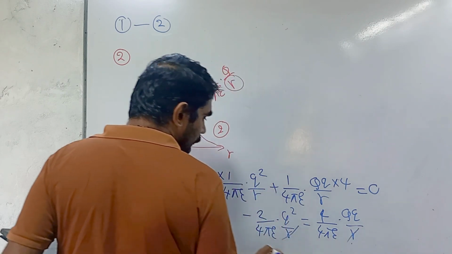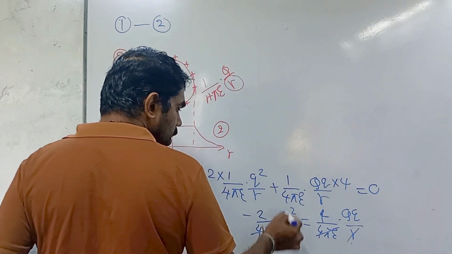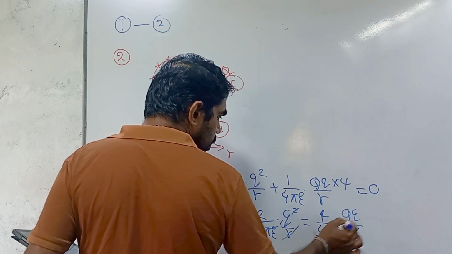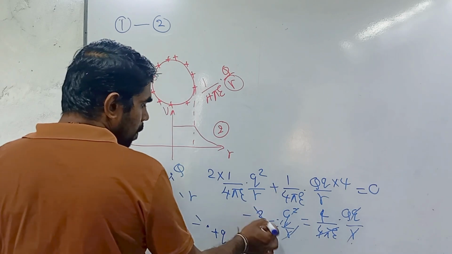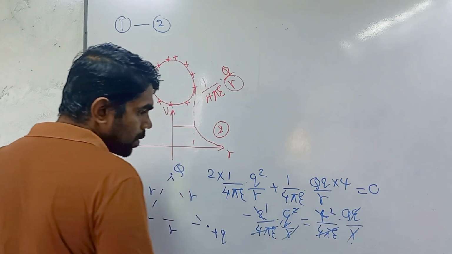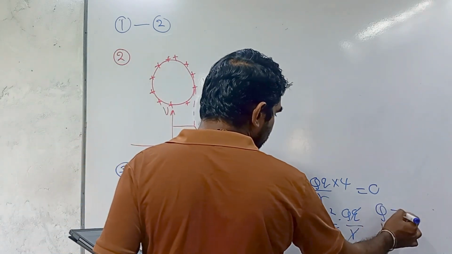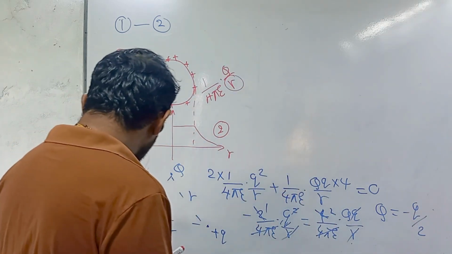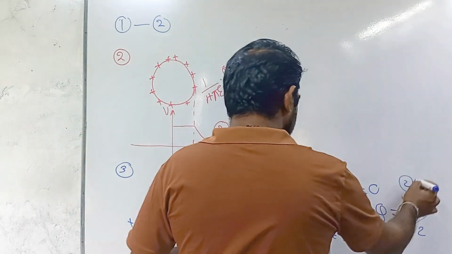Then we can cancel out r, 4 pi epsilon naught, and one q term. 2 divided by 2 is 1, 4 divided by 2 is 2. Then we can obtain that capital Q should be equal to minus q over 2. Then we can get that the correct answer is the second one.